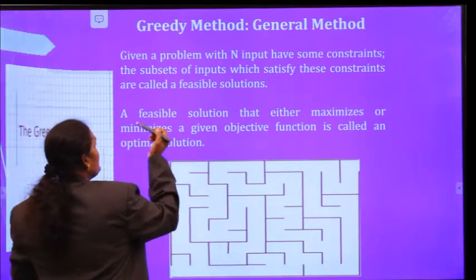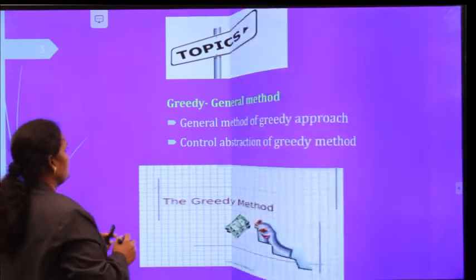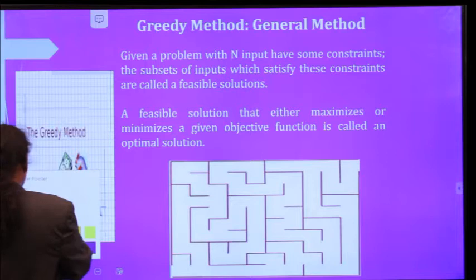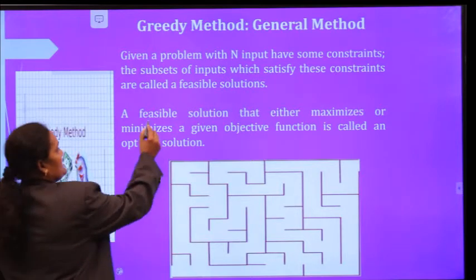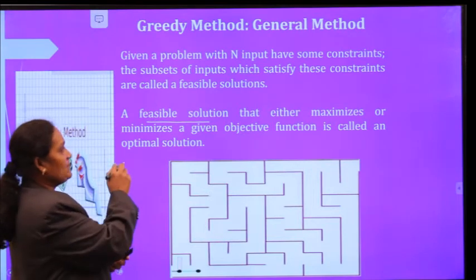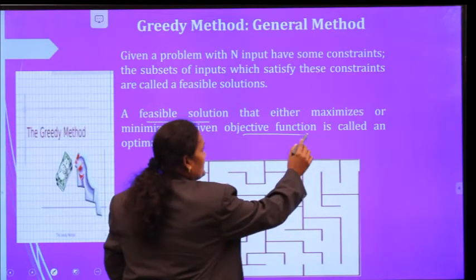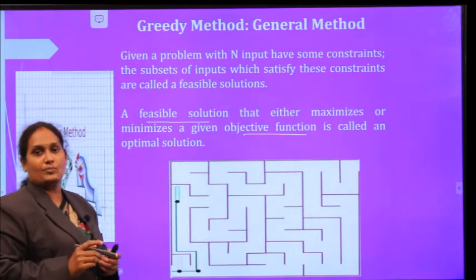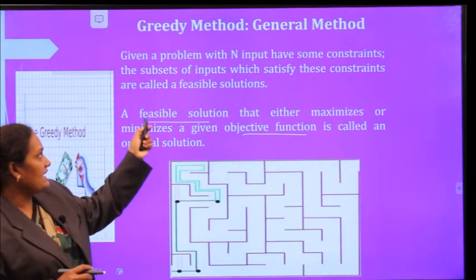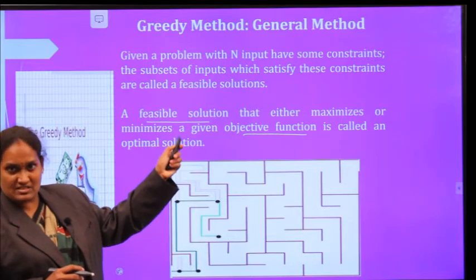Now, a feasible solution that either maximizes or minimizes a given objective function is called an optimal solution. Here we may get many feasible solutions.